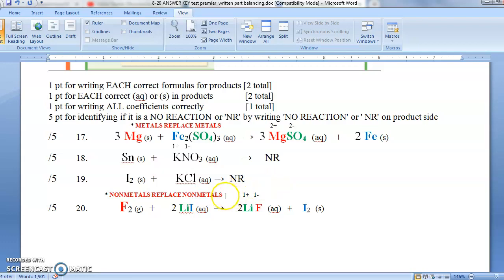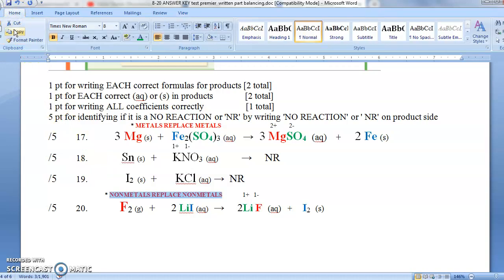All right then. Now we're dealing with nonmetals. We know that nonmetals will replace nonmetals in solution. So, in order for a nonmetal to replace another nonmetal, it has to be more active than it.